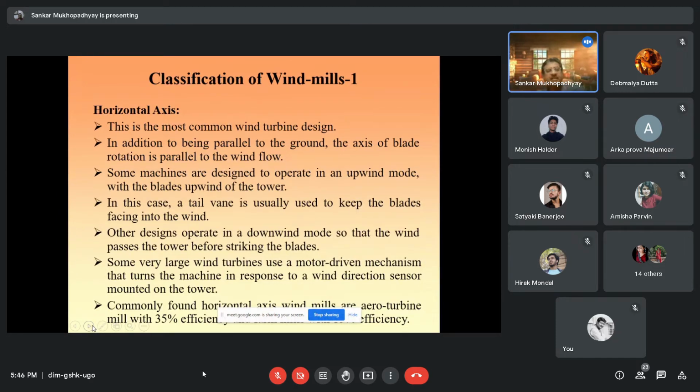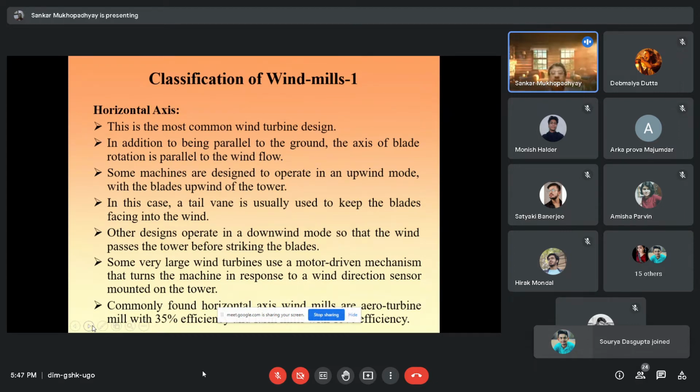It's a special design of the blades. In this case, a tail vane is usually used to keep the blades facing into the wind. Other designs operate in a downwind mode so that the wind passes the tower before striking the blades.